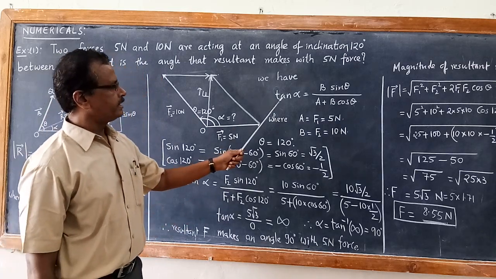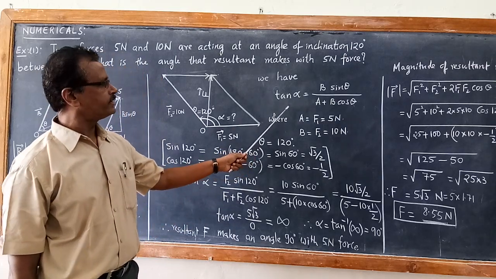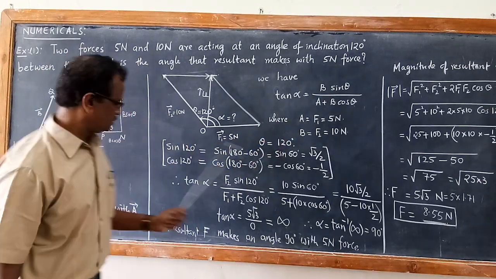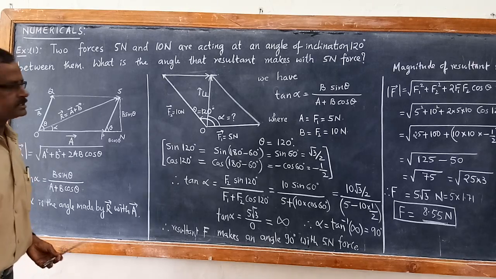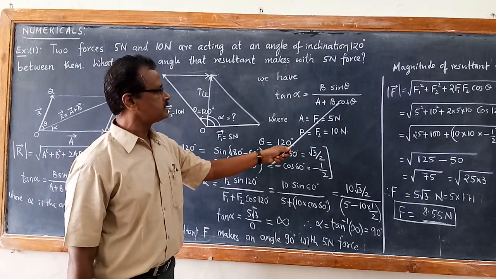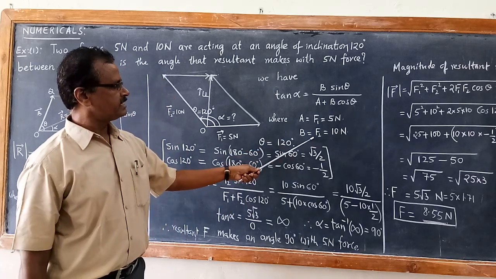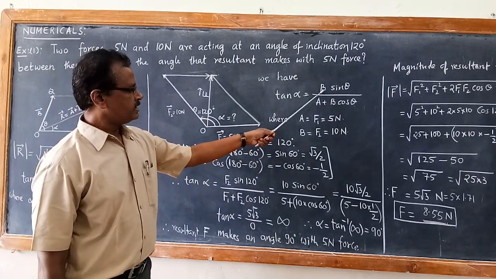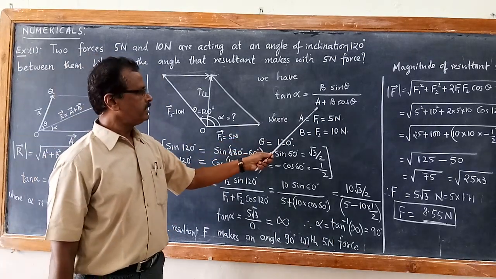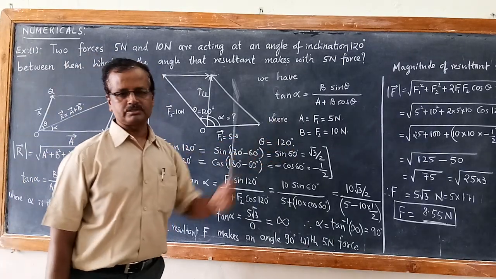Then we can write the equation for tan alpha: tan alpha equals B sin theta divided by A plus B cos theta. This is the same equation we used yesterday. B is F2 here, so it becomes F2 sin theta divided by F1 plus F2 cos theta.